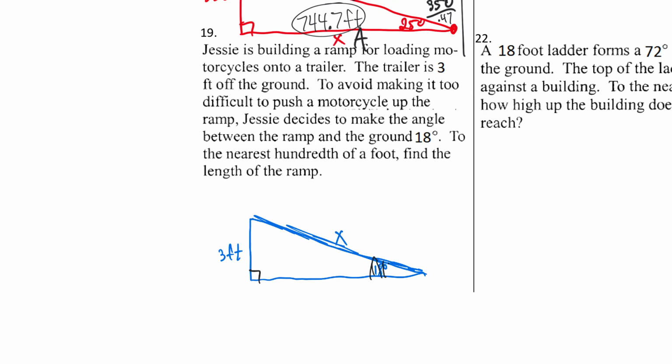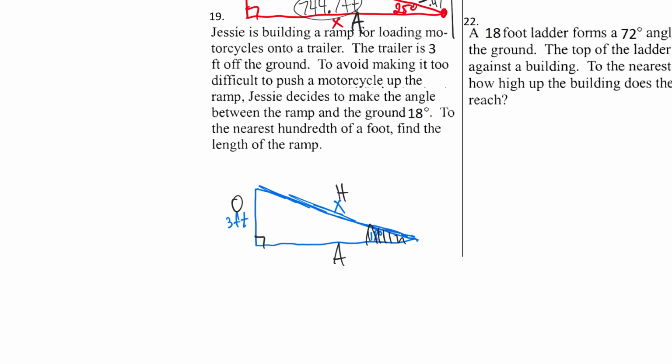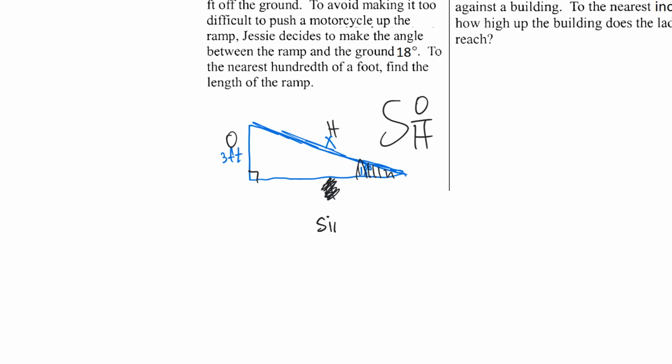So from this 18-degree angle, we have H, A, O. On this one, the A is the one I do not care about. So O and H, this is SOH, sine. Sine of 18 degrees equals the opposite 3 over the hypotenuse x.